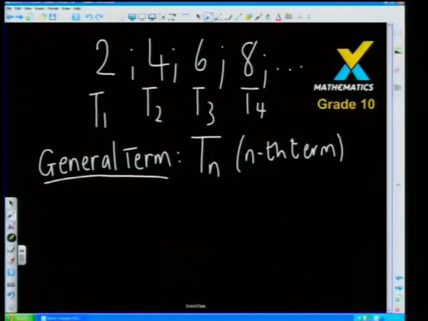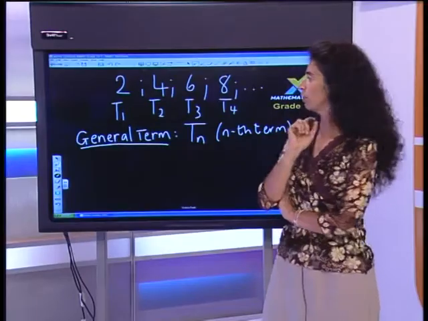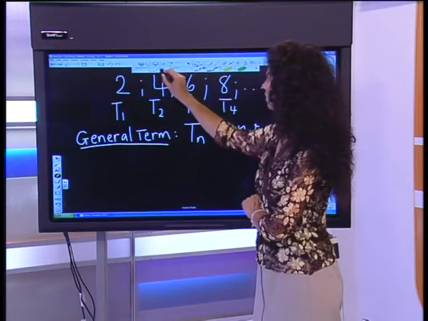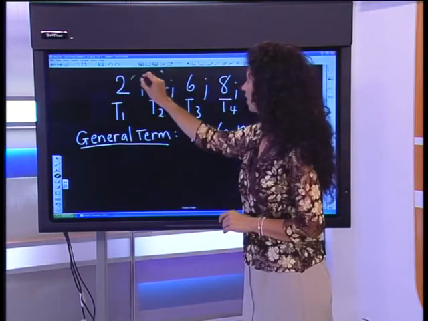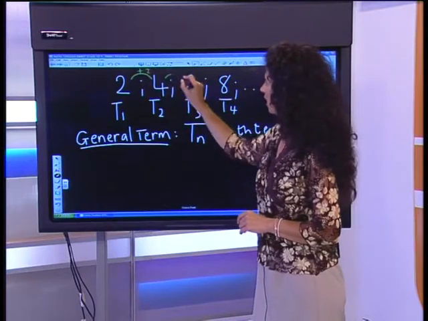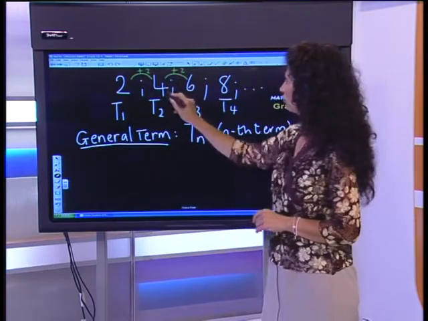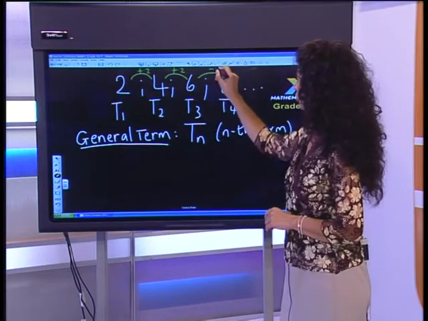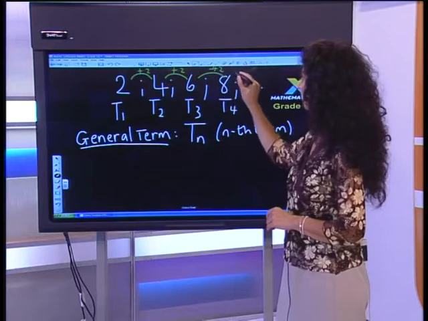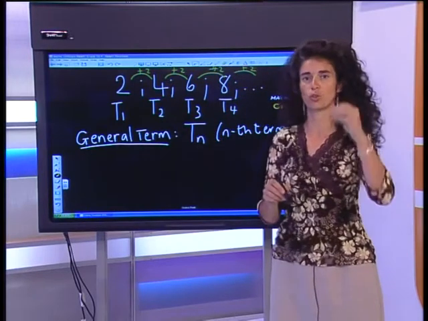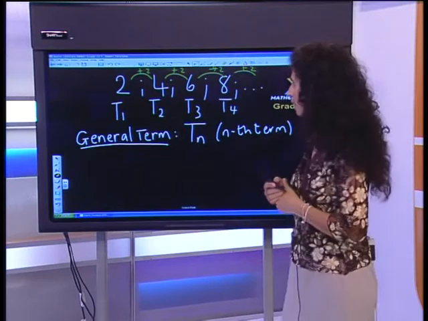Okay, and the sequence is called linear because I am going to add 2 to 2 to get 4, I'm going to add 2 to 4 to get 6, I'm going to add 2 to 6 to get 8, and so my pattern is the same. There's a constant 2 that's being added all the time.